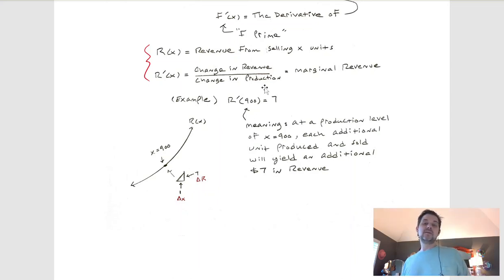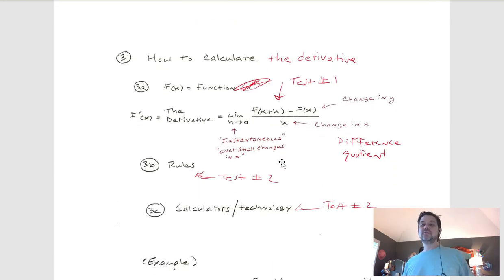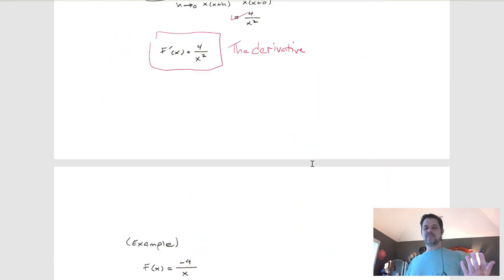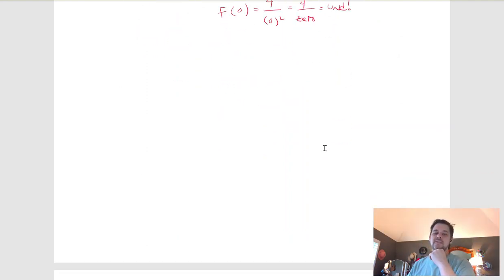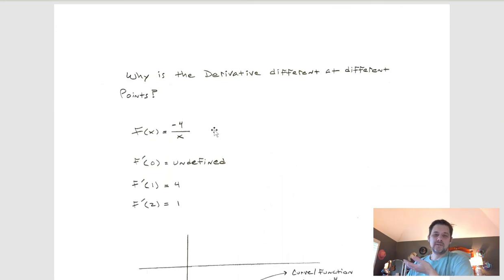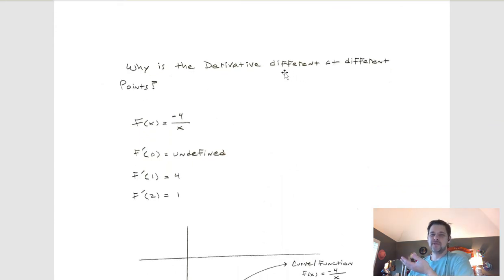It might be that the way that the revenue increases as a response to change in production varies across the whole range of production that's possible. So you might think, well, naturally, it kind of feels like the derivative wouldn't always be the same number all the time, right? So you might just naturally say, well, of course the derivative is going to be different at different points because it just doesn't make sense for it to be the same everywhere.